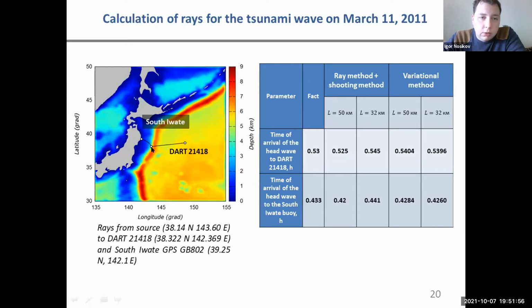The source is located here, as you see in the picture, and we calculate for two stations. We calculate the travel time to the two stations by two methods, traditional ray tracing and the shooting method, and the new variational method, and compare it with the experimental data.